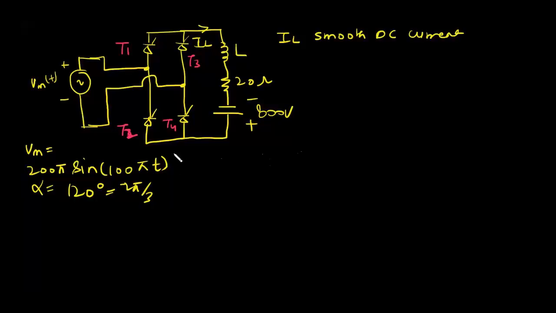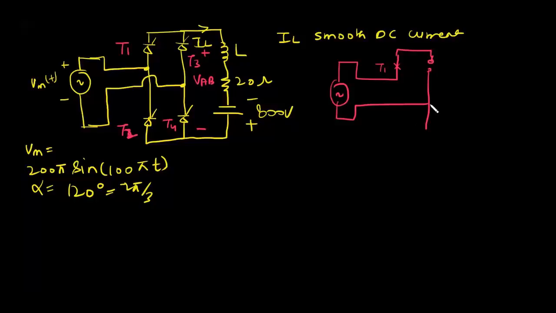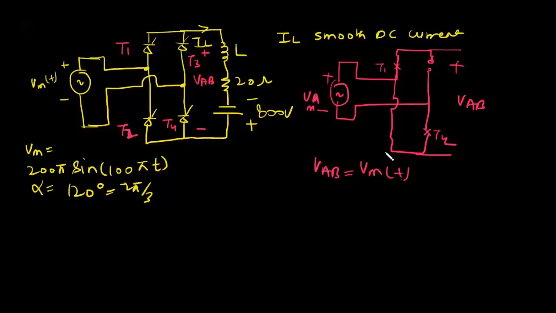So now I will draw some waveforms to know how this converter is working, and I will plot this voltage VAB. Now you can see that whenever T1 and T4 conduct, VAB will be equal to VmT.